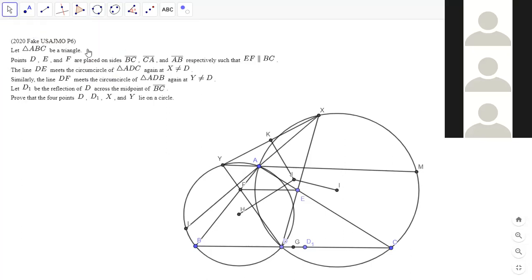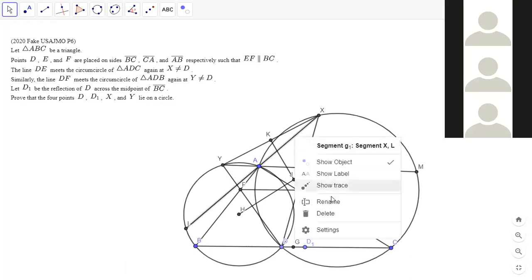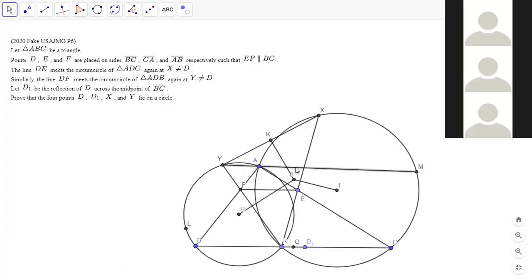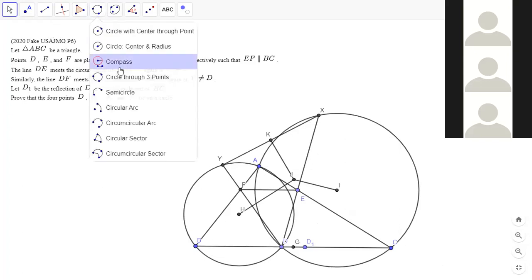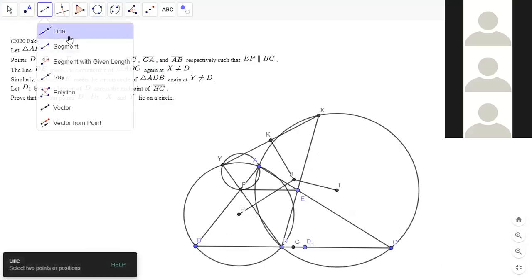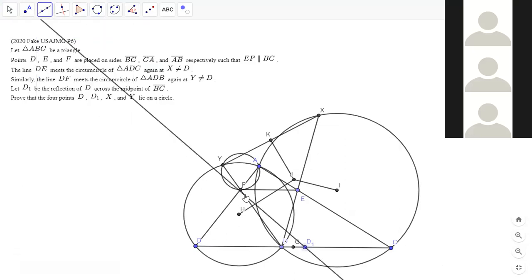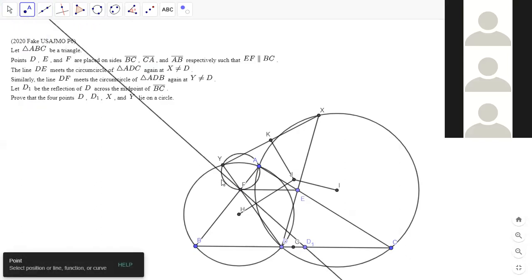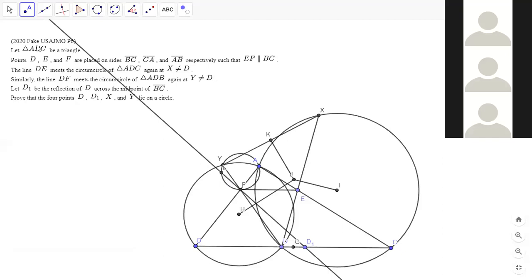So yeah, I'm just gonna delete AX and AY for now. So I'll draw the circumcircle of AFY, and we see where D1F meets it. So that's a point L.